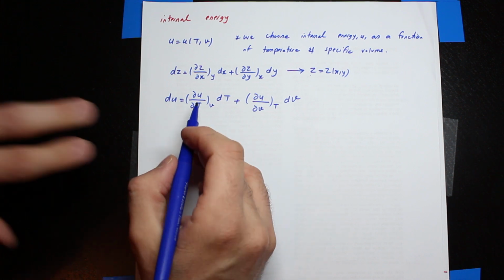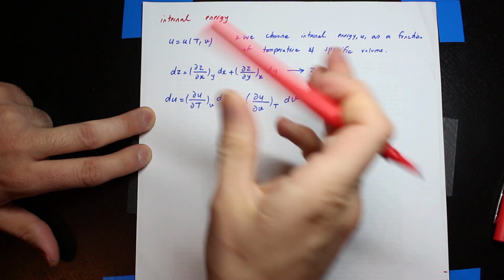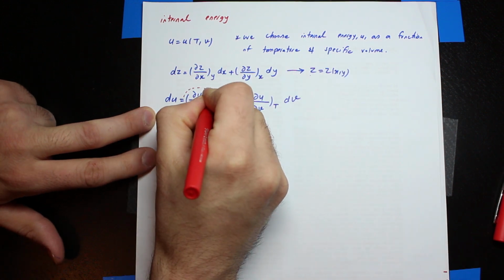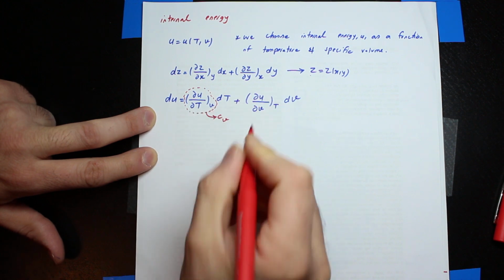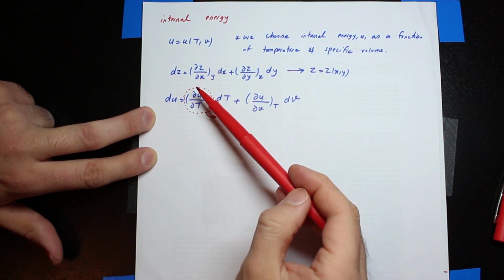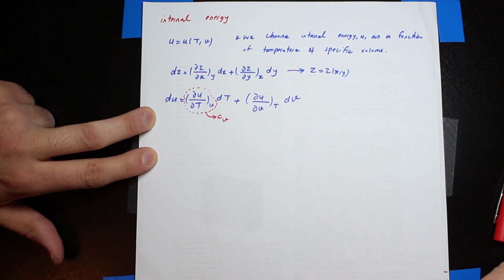This is in fact my specific heat at constant volume, Cv: the change of internal energy with respect to temperature while the volume is kept constant.